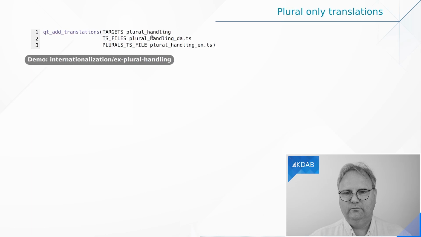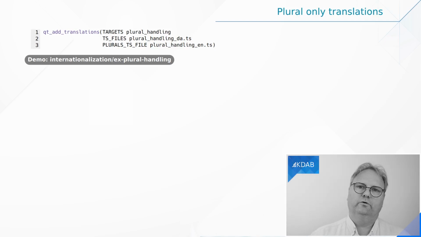So we saw this in the previous episode: you have these TS files, and then you have this plural TS file, plural handling for English TS. That's just the name of the target here, _en. If you load a translation for English, this one will be loaded, but it will only have those few strings that need plural handling.